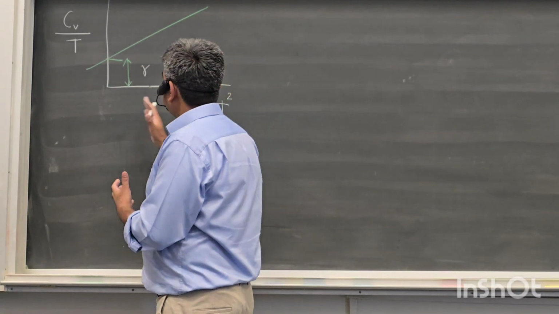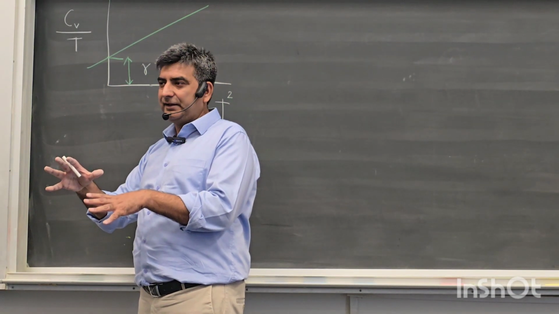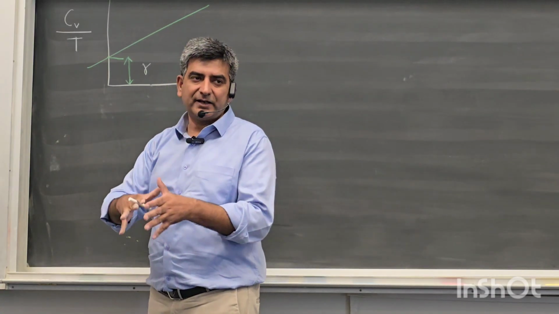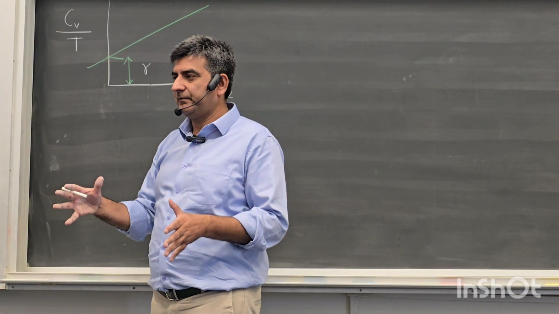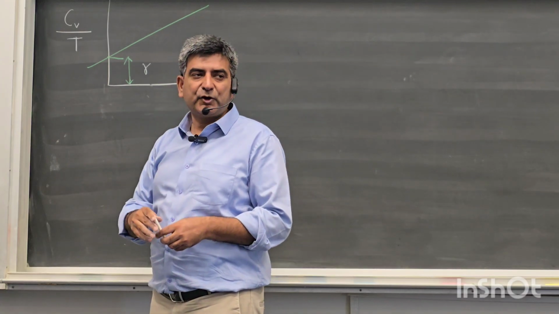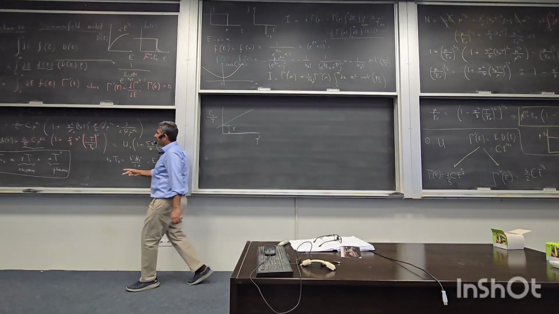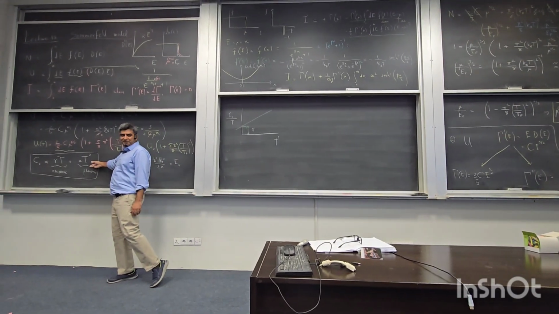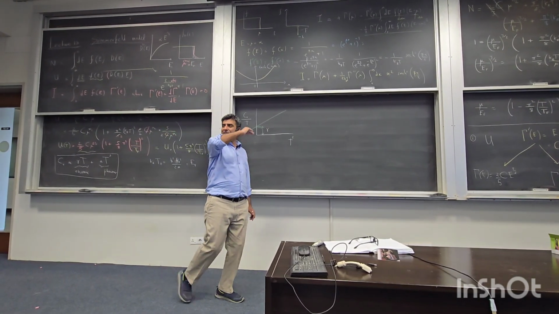So for most alkali metals, from this gamma you can calculate the mass of the electron inside the solid. These temperatures, by the way, are very low, right? These temperatures are of the order of millikelvins or microkelvins or kelvins, not more than that. Because from the expressions, the T cube expression is only valid for low temperatures, as you know. For higher temperatures, you have to use the entire Debye interpolation curve.